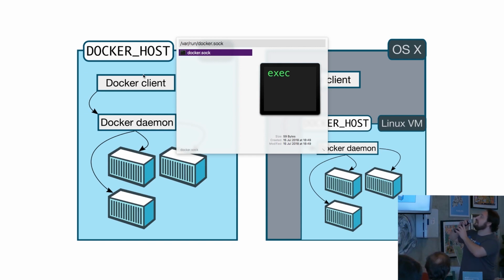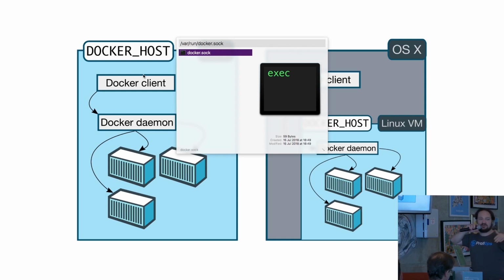Okay, it's very small, but what is a Docker socket? In Unix, everything is a file. You heard that one? Which means that when you make a connection via the network in Unix, you can also connect to an actual file on the file system.